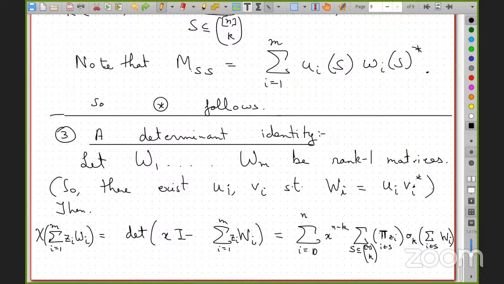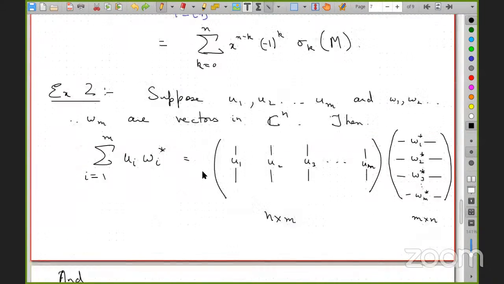So for now let's just assume this identity and then prove the theorem, and then we'll come back to the idea. This proof would be very similar to what you did last time, basically a combination of exercises 1 and 2.